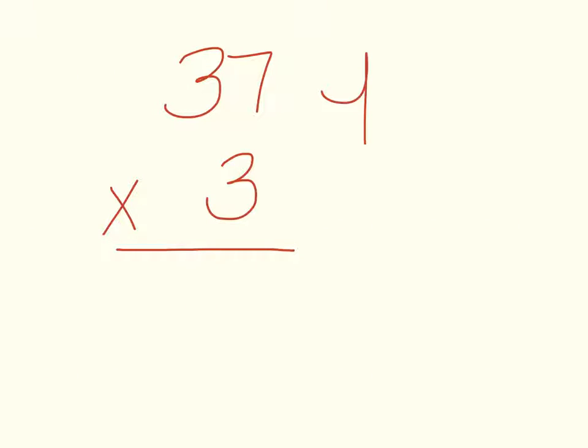And just a reminder, because we always need to refresh our minds on the terms, let's do one more just with the terms written in. Let's do 37 times 3. And we know that this part is called the factor.